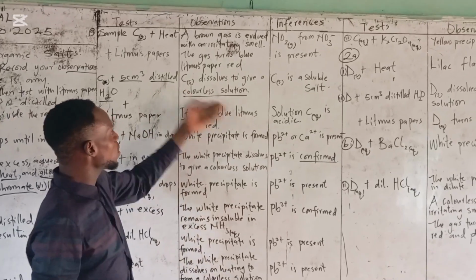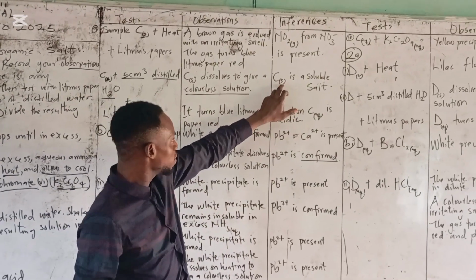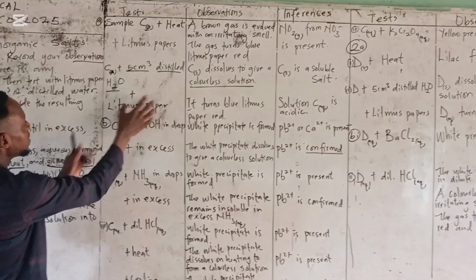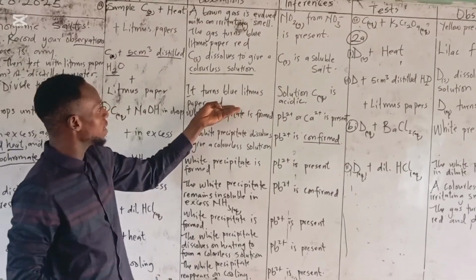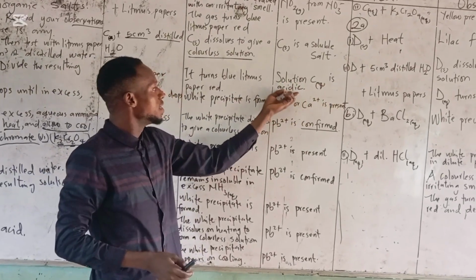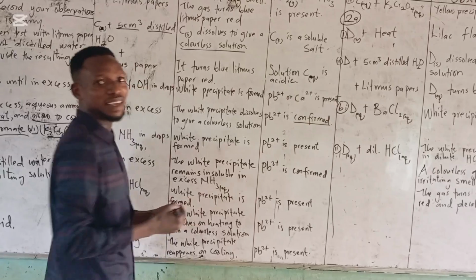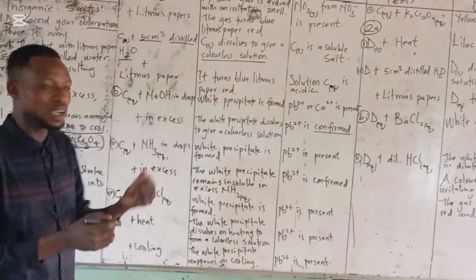Once it dissolves, that means solid sample C is a soluble salt. We test our solution with litmus paper and it turns blue litmus paper red. It means solution C is acidic.